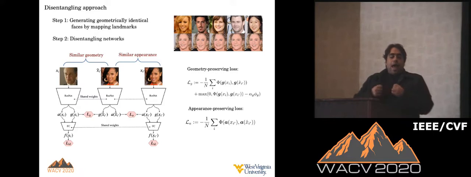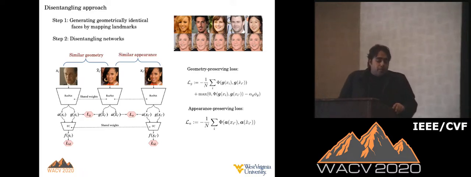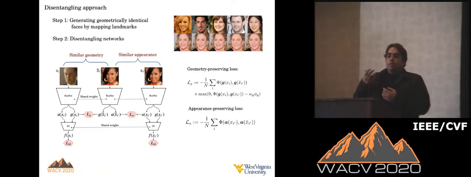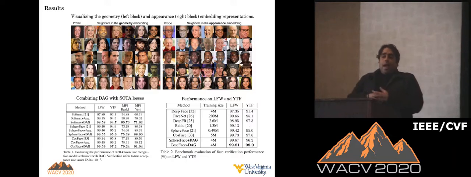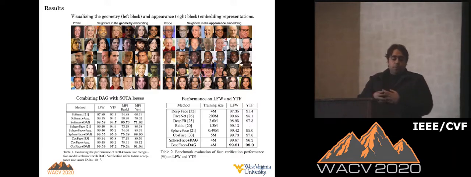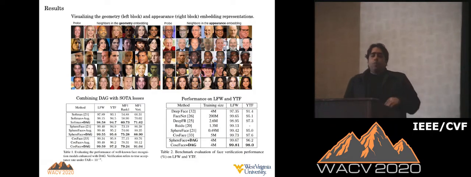And we add 2 loss terms, one for the appearance, one for geometry, to increase the recognition performance. We adopt SphereFace and CosFace for this framework, and we can see that the performance of both of these state-of-the-art algorithms is improved using this method. And we present the results on LFW, YouTube Face, and MegaFace.